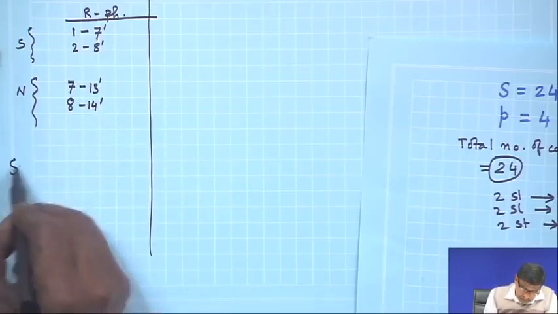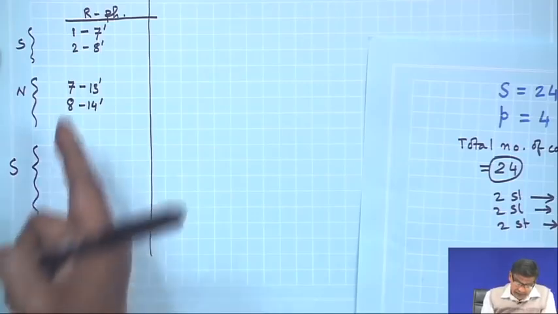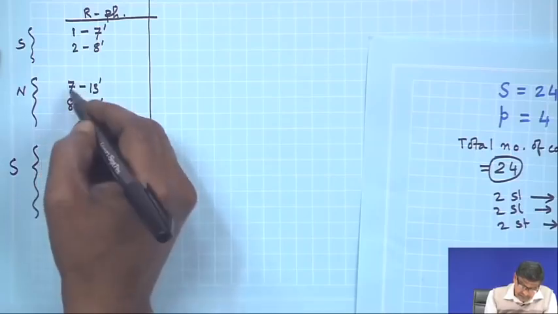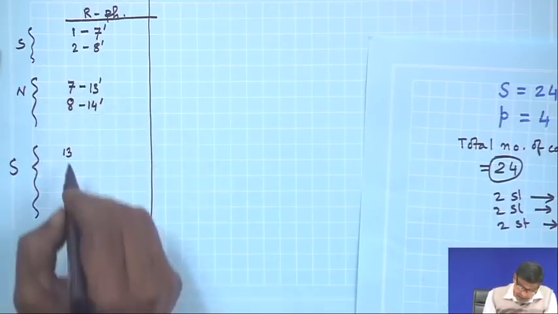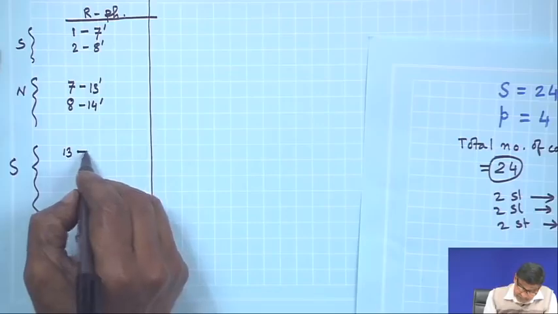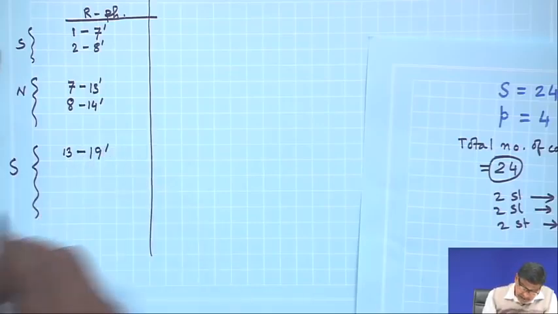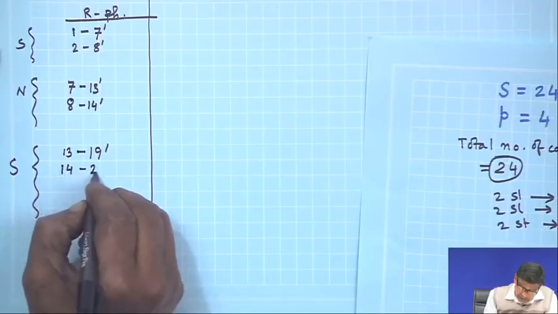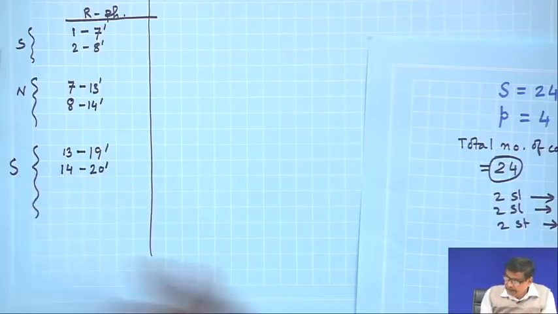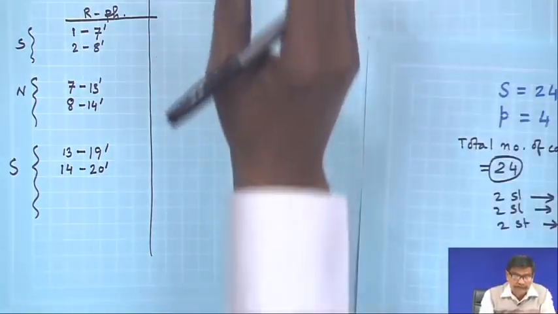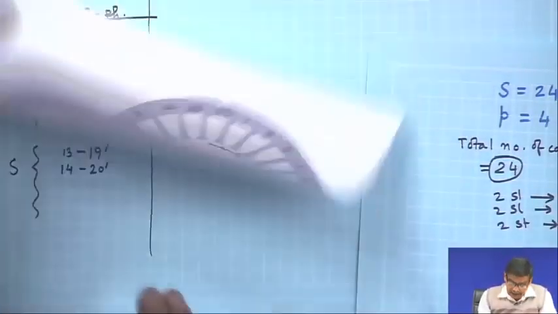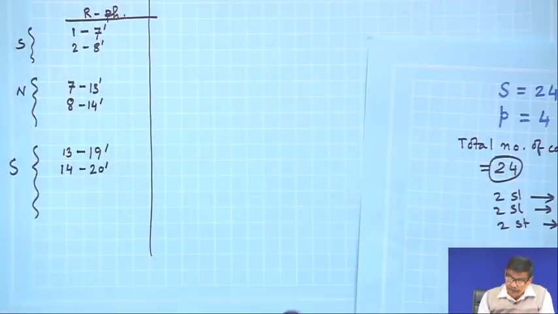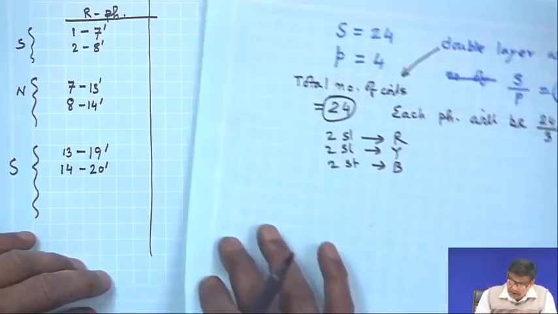Then once again south, and once again it will start from 13, the separation, and 13 plus 6, 19 dashed, and then 14 and 20 dashed. See, without referring to this circular diagram and numbering, I can carry this out straight away, provided you know what you are really doing.